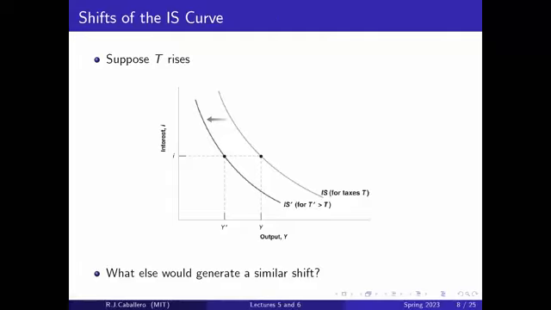In that case, we said, look, I can fix the interest rate, any interest rate you want. Let's pick this one, but I could have done it at an interest rate here, there, whatever. And now I say, what happens if I increase taxes? Well, you know from lecture 3 exactly what happens when the interest rate is constant, because there we didn't even talk about the interest rate. Nothing was a function of the interest rate.